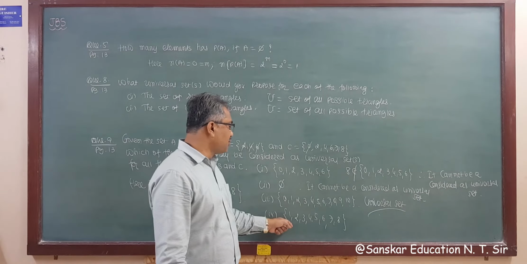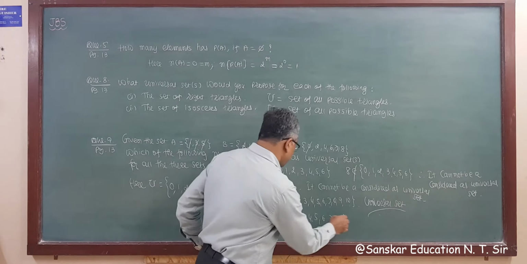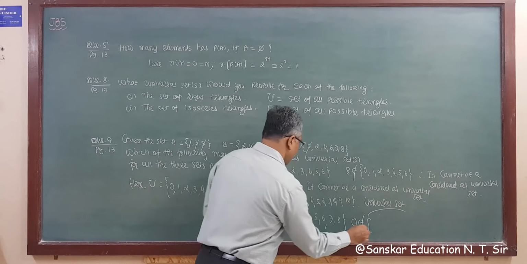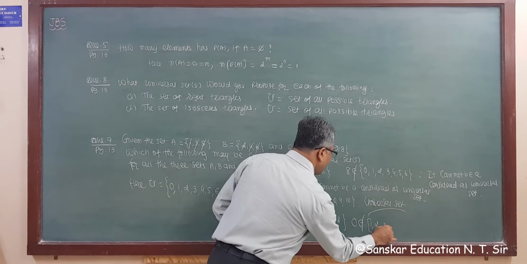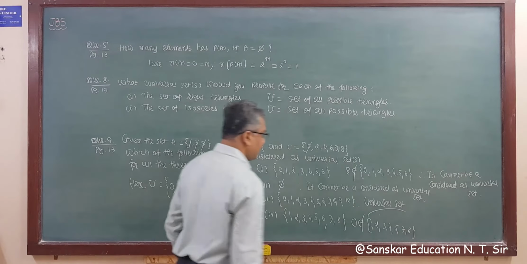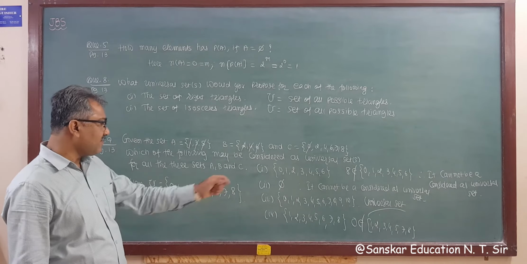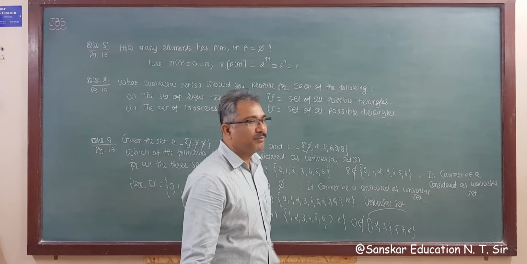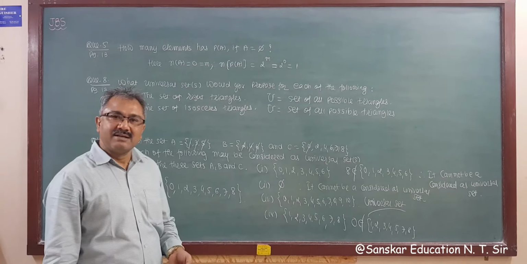And here 0 is not included. 0 does not belong to this set 1, 2, 3, 4, 5, 7, 8. So this is not a universal set, and it cannot be considered as a universal set.